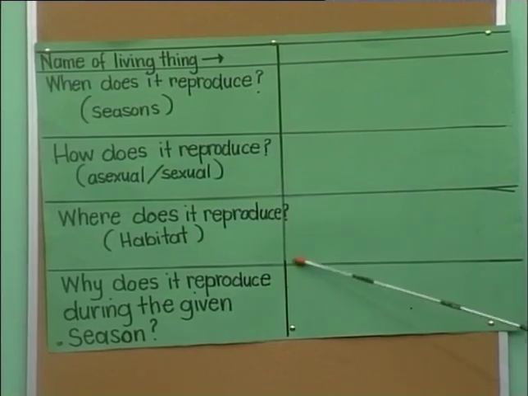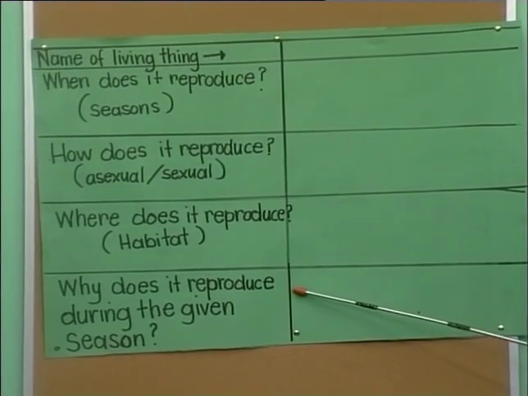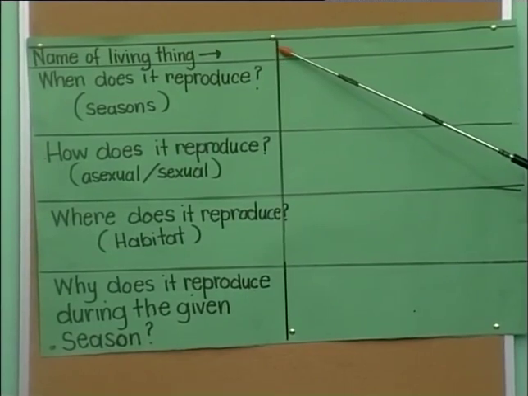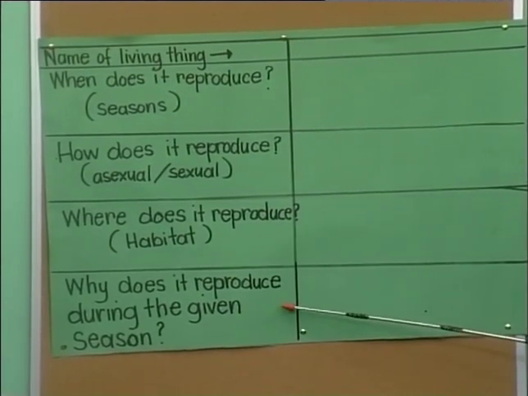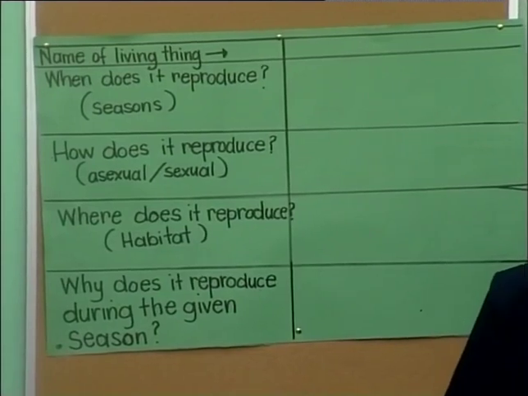And the last question, it says, why does it reproduce during the given season? You will have to go back to the first question. If you say it reproduces around December, why does it do that? Why? Okay, write something about this. So class, I've already given you your living things to work on.